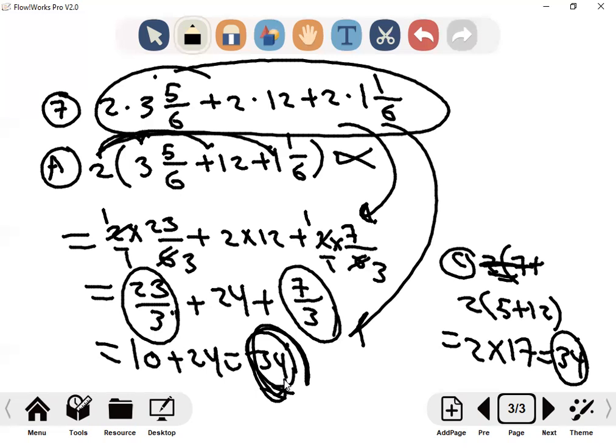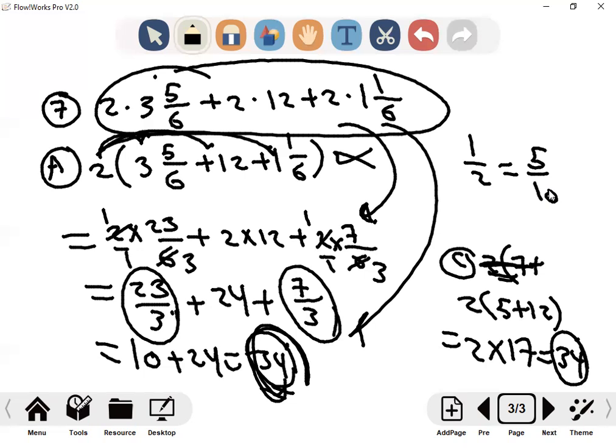Equivalent means they have the same value, even though they are different. For example, half is the same as 5 over 10. They are equivalent. They have different numbers, 1, 2, 5, 10, but the same value. Both are 0.5. Got it? So part A, we don't select it because it's equivalent.